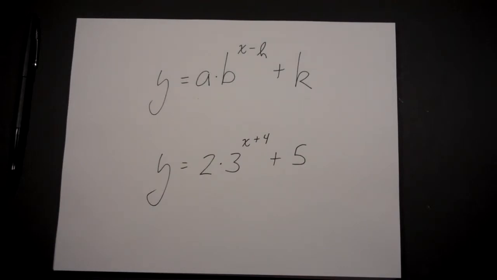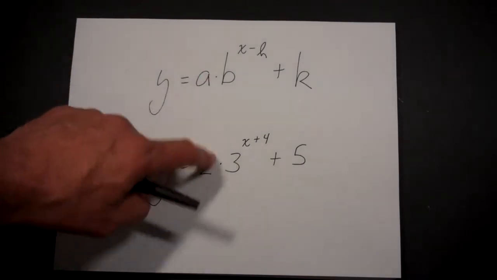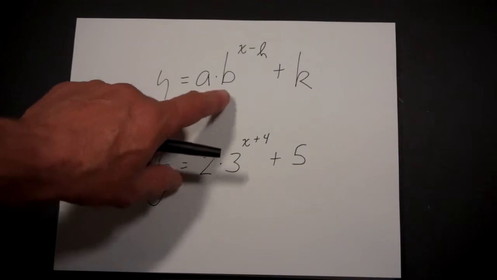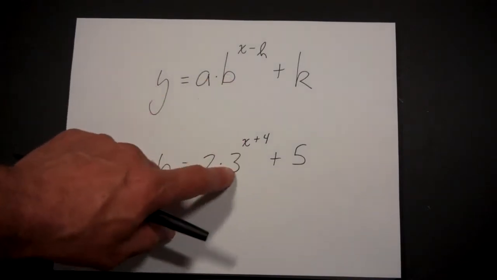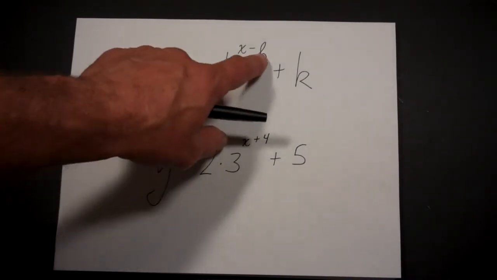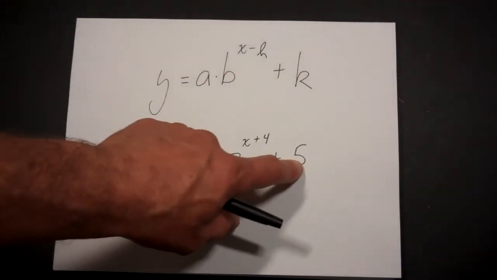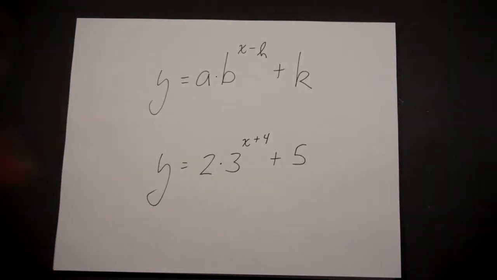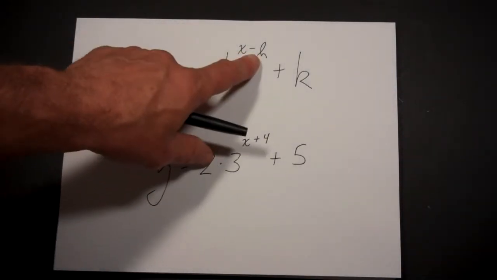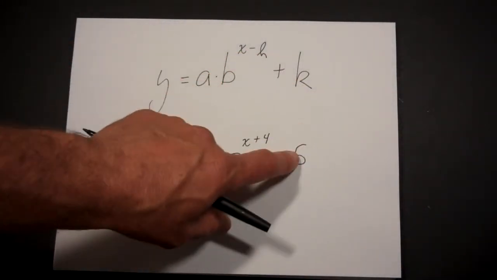In this particular case, a would be 2, b would be 3, h here would be a negative 4, whereas k would be a positive 5. Now the trick here is that h always changes signs and k doesn't change signs.